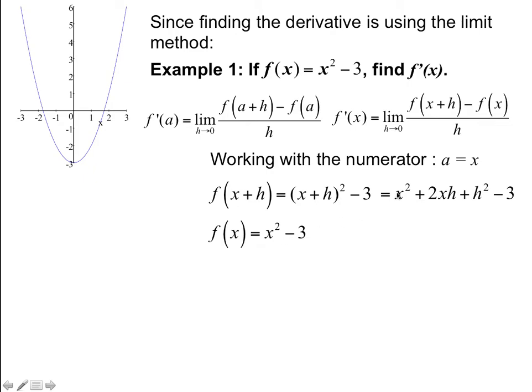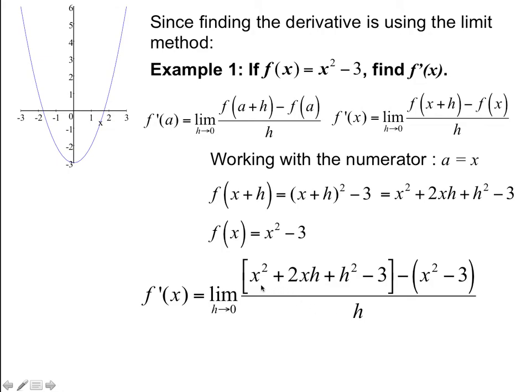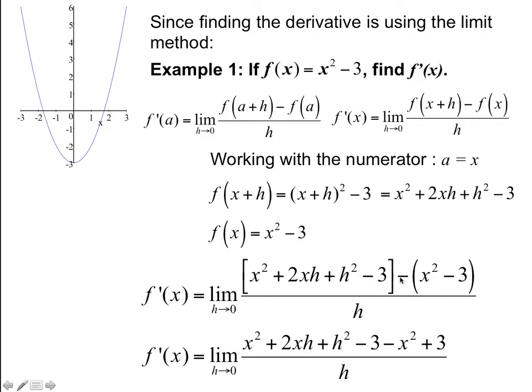In other words, if you've done your math right, the things that go away, remember we talk about crossing hurdles here, our first hurdle to cross is to get the things that don't have h's to cancel. As we put this into the statement, here's our first statement, here's our second statement, and as we distribute this minus sign and drop the brackets, we see that we have our 3's, minus 3 plus 3, going away, and we have our x squareds going away.